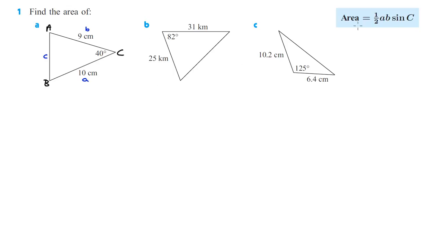Okay, so if we use this lovely formula here, for A, we'd get area equals 1/2 of A, which we know is 10, times B, which is 9, times the sine of angle C, which is 40. Okay, so it's just the angle and the two sides that make that angle. It's area equals that.